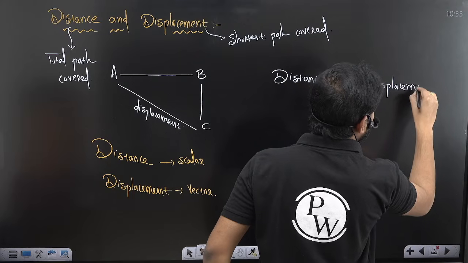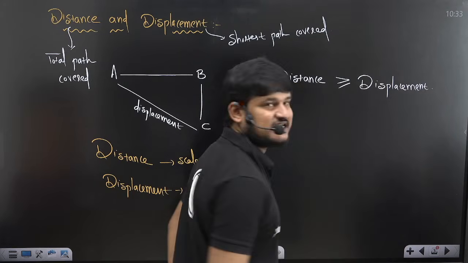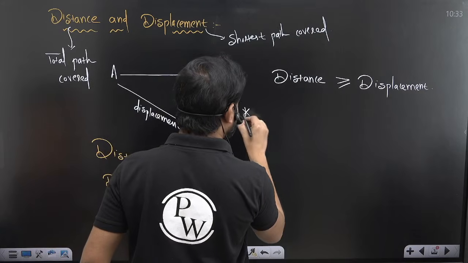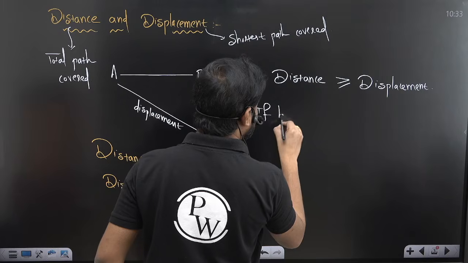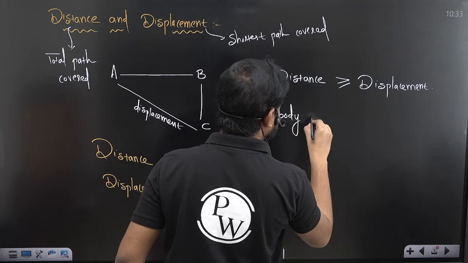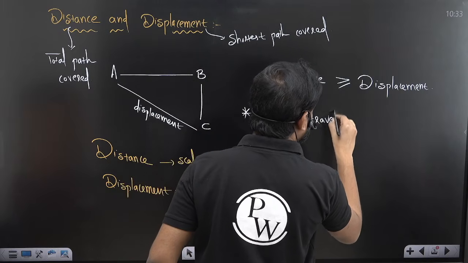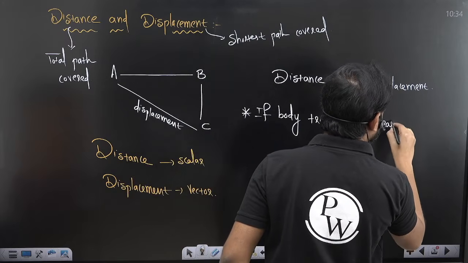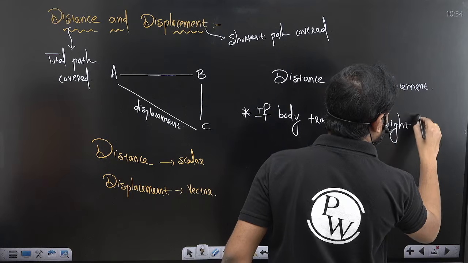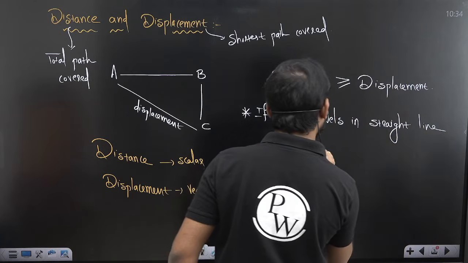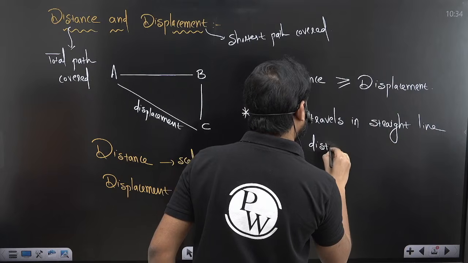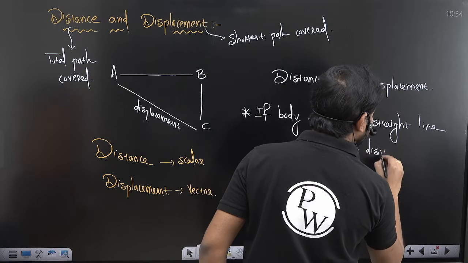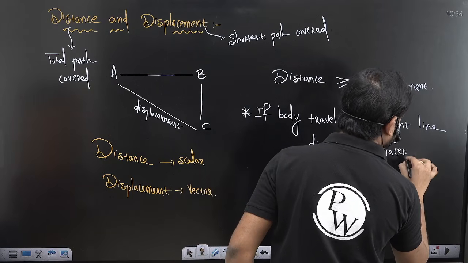Whenever the body travels in a straight line, in that case the distance will be equal to the displacement. In all the remaining cases, the distance will be greater than the displacement, right?